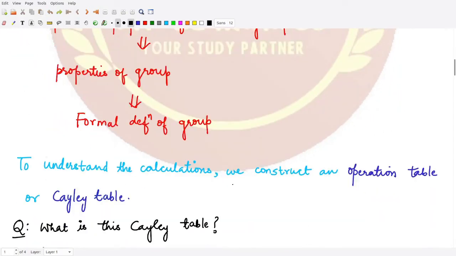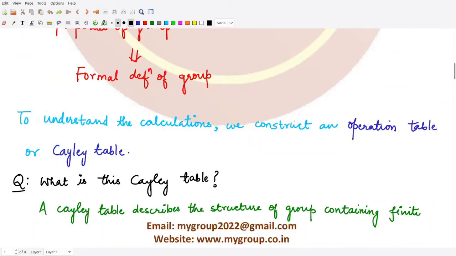So to understand the calculations, we first of all have to draw a table. Now what is this table? This table, which we call either the operation table or the Cayley table, will represent all the calculations that we will be making, for example in this case of the dihedral group, with these 8 elements, right?